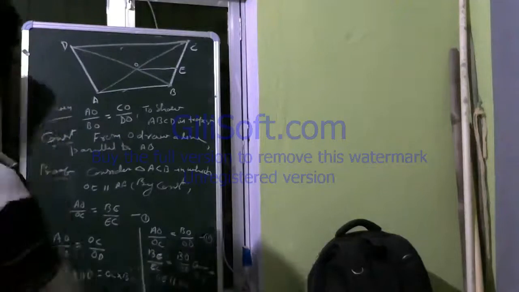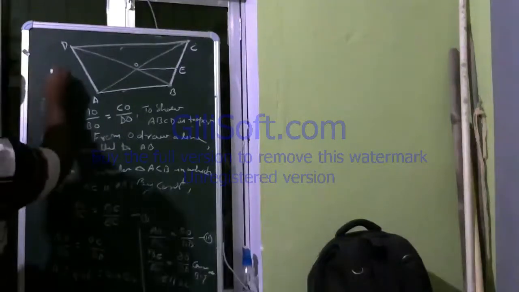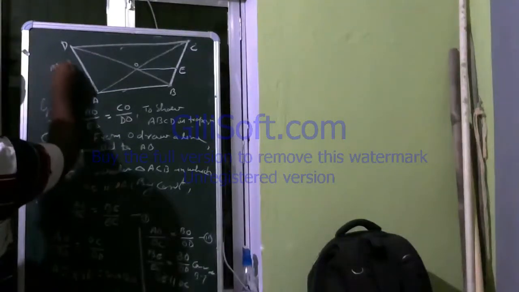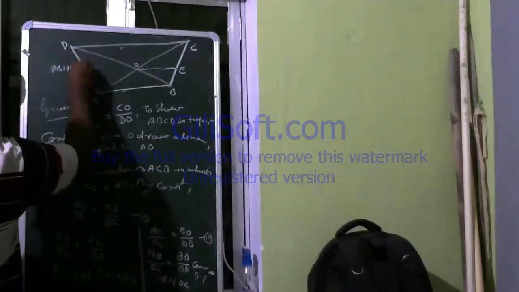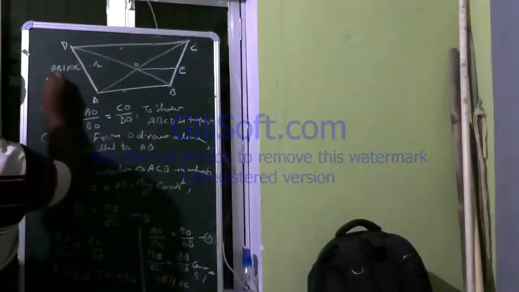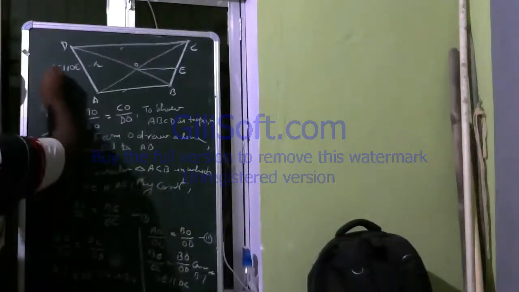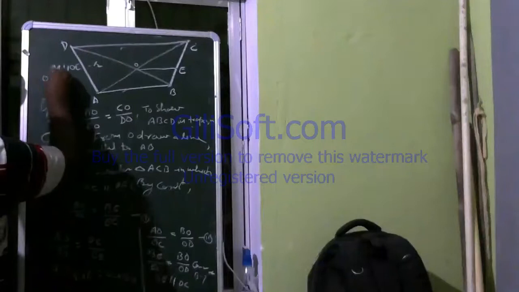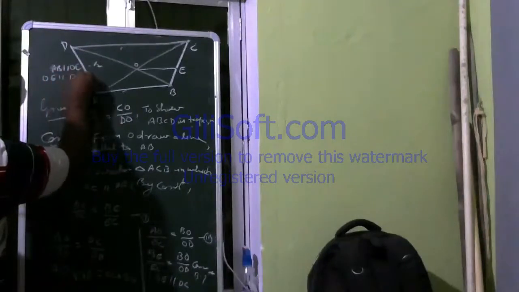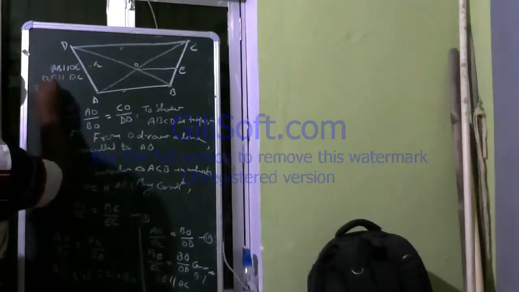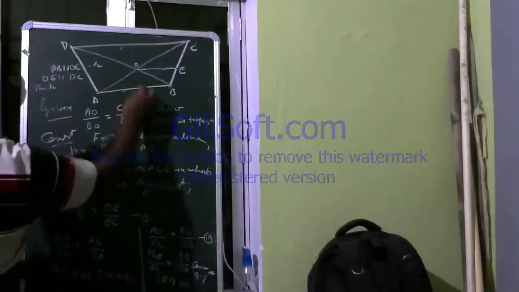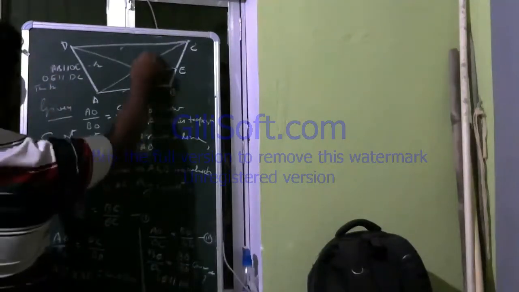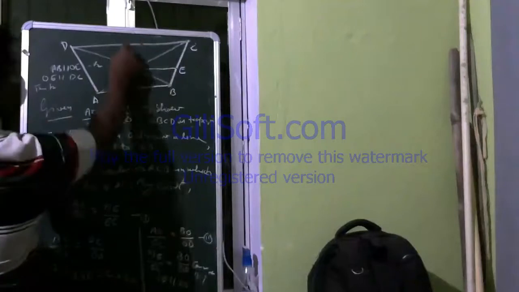Now look here, since AB parallel to OE by construction, and I've just proved here OE parallel to DC, then if we combine with each other, if this line is parallel to this one and this line is parallel to that one, then these two will be parallel to each other.